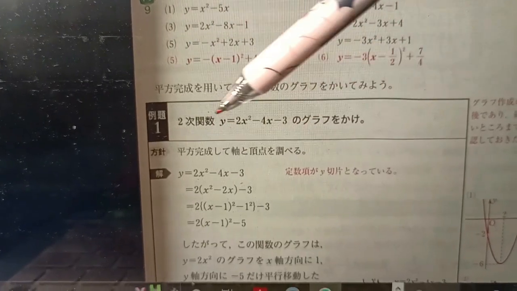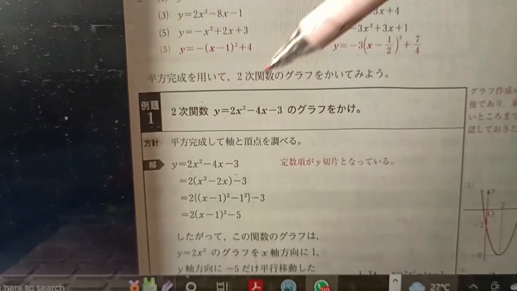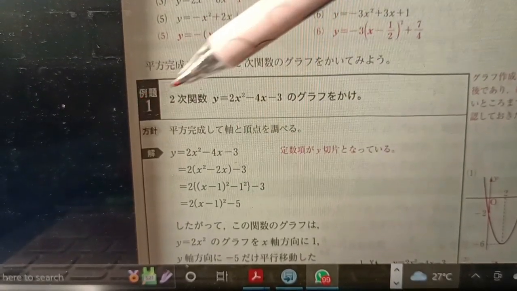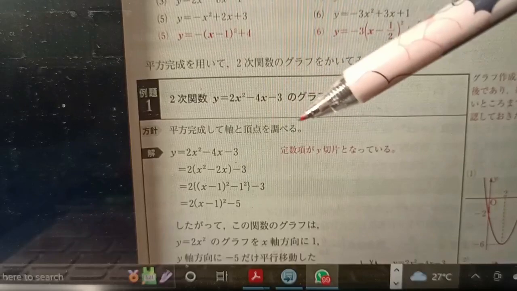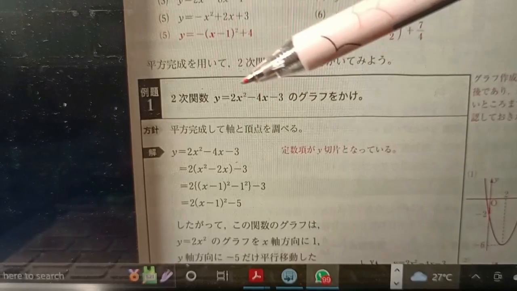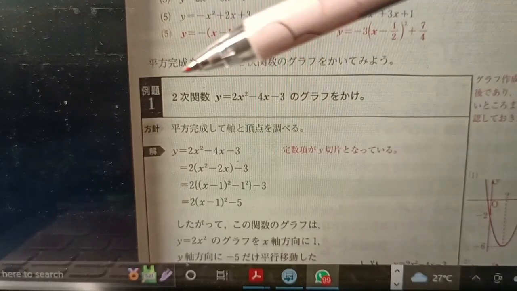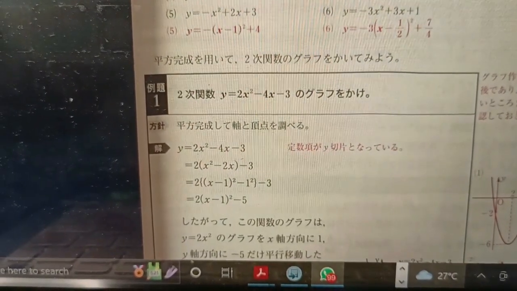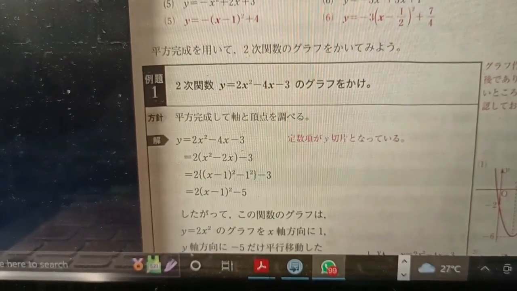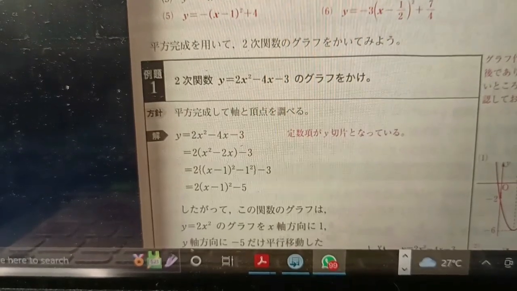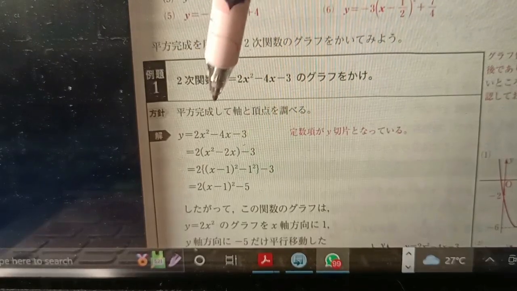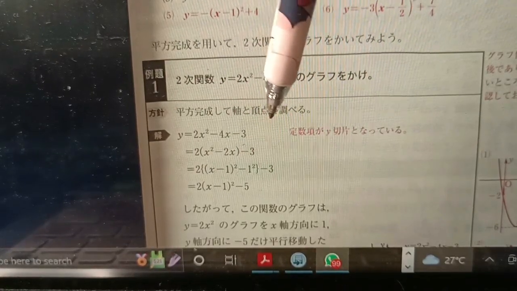We have this form. The parabola of y equals x quadrat minus 4x minus 3. Now we are going to change it into the form using completing the square. Let's do it and then draw.